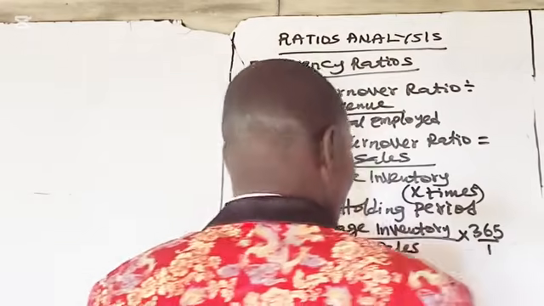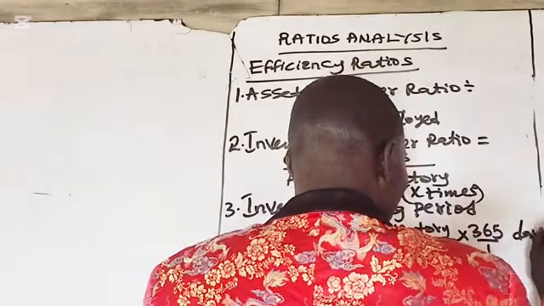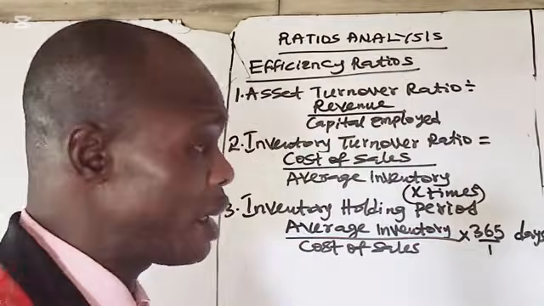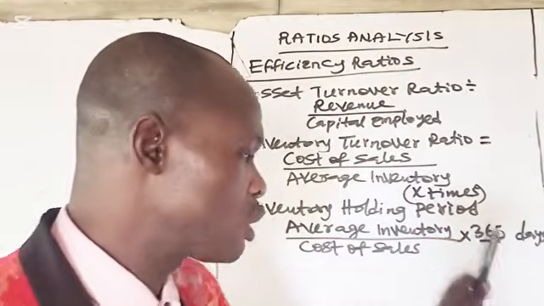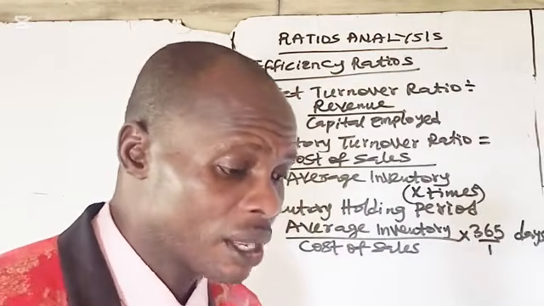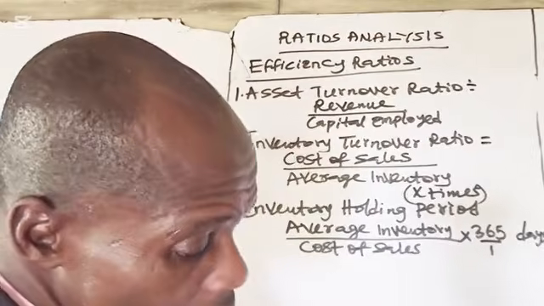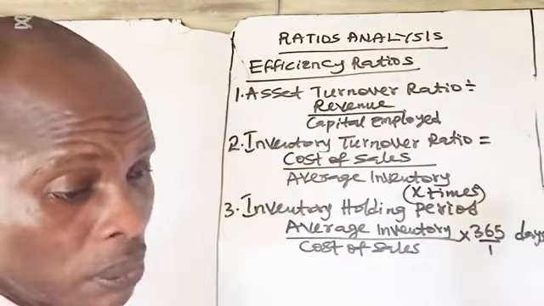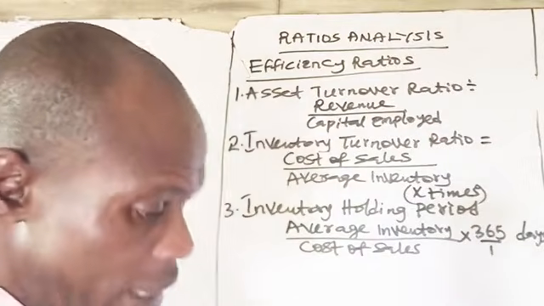In a year, we have 365 days. And if you want to leave your answer in months, you multiply by 12. And if it is in weeks, then you multiply by 52 weeks, unless stated otherwise. For this ratio, the higher, the better.